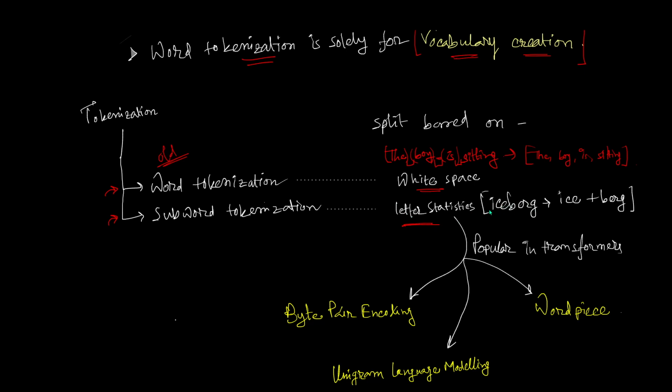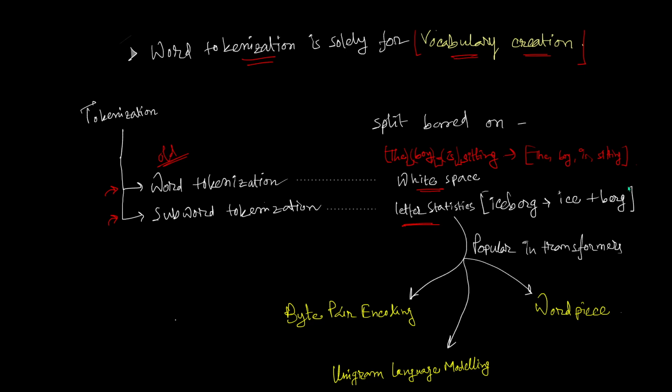Suppose you have the word iceberg in our corpus. We will see how many times ice and berg occur separately. If each occurs a sufficient number of times within words, then we will tokenize ice as a separate token and berg as a separate token.